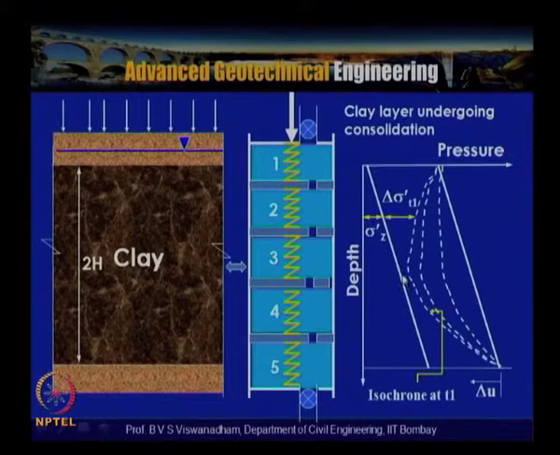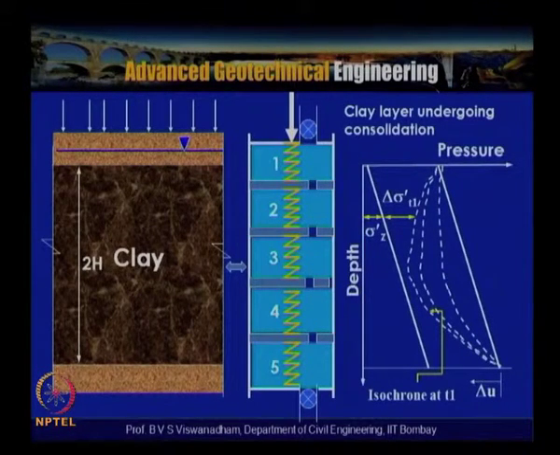If you look at this particular depth, this is sigma z dash plus delta sigma t dash. So this much portion of the effective stress is already transferred to the soil, but at this portion the soil still has the effective stress at sigma naught dash, the initial effective stress, which still prevails at the center.